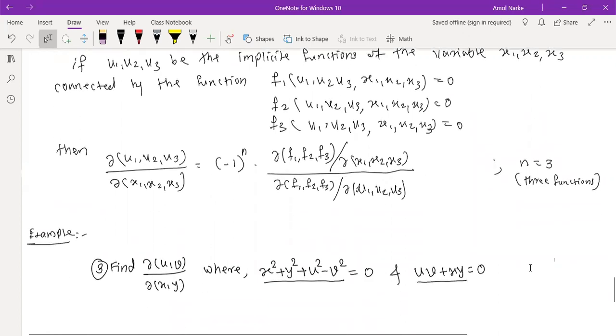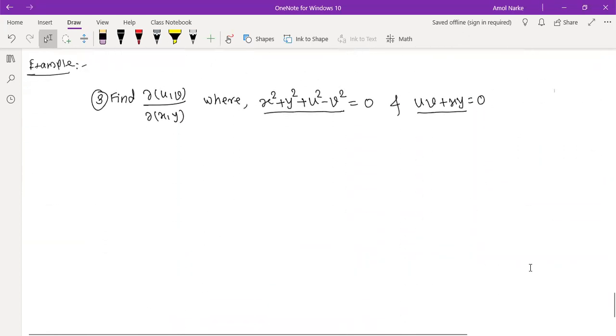So let's see how to solve the problem. For implicit function, you can apply this formula for any functions. If it is not possible to find u, v in terms of x, y or x, y in terms of u, v, you can find out by using this formula directly.